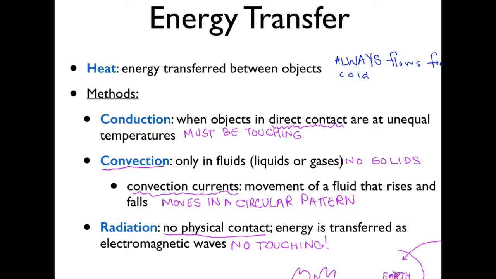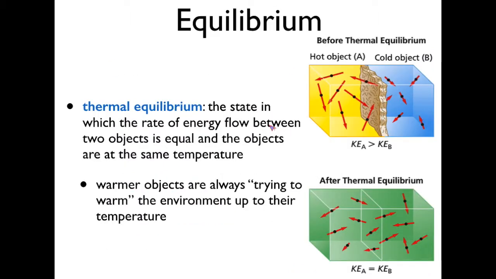So then we can talk about thermal equilibrium. When we talked about our cup of coffee and it got cold because it was heating up the room, when the coffee and the room are at the same temperature, we consider that thermal equilibrium. So this could have been our coffee, and this is our room.